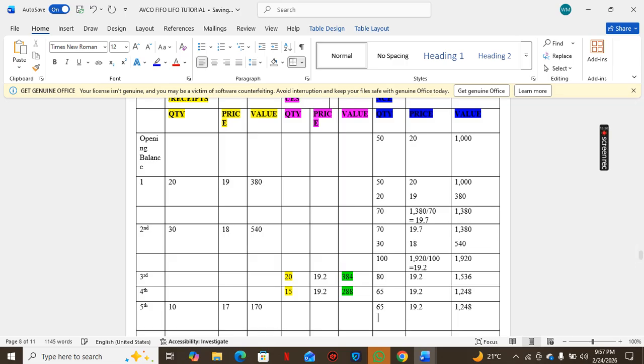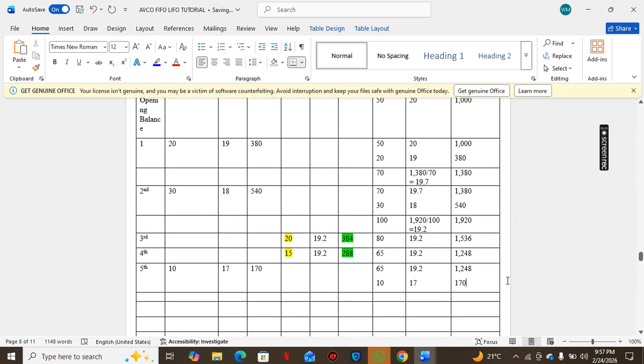Now we brought in 10 more goods valued at 17. So 1,248 plus 170, what do we get? 1,418.